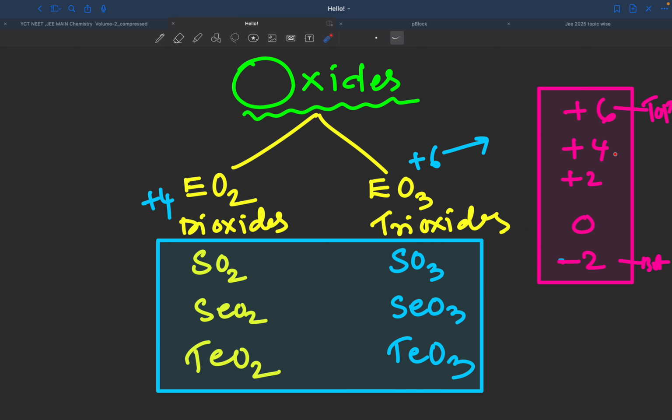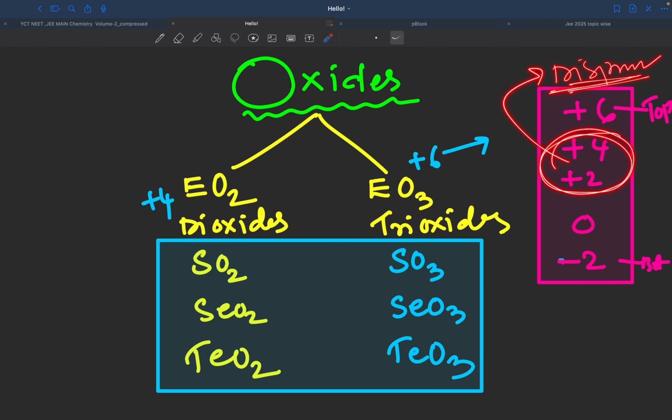But for the fourth case, it can be oxidized to +6, it can be reduced to +2. +2 can also be oxidized to +4 and +6, whereas it can also be reduced to -2. That's why these intermediary oxidation numbers are disproportionable. They undergo disproportionation.